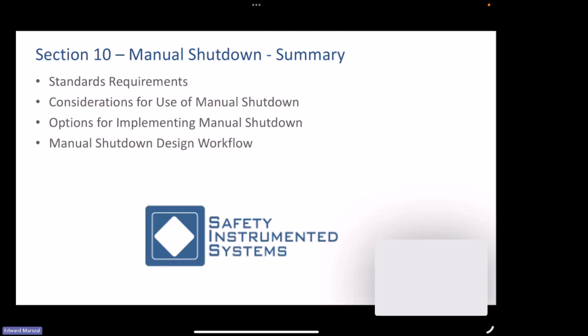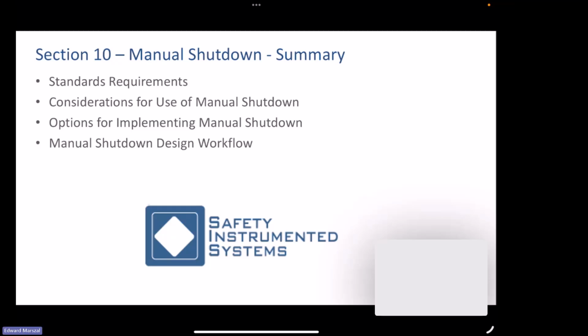So I understand the desire to have manual means of shutdown independent of the logic solver in some cases. But when you're looking at one scenario, if they had the opportunity to pre-alarm and they didn't, are they going to realize that the SIS didn't activate and take manual action?